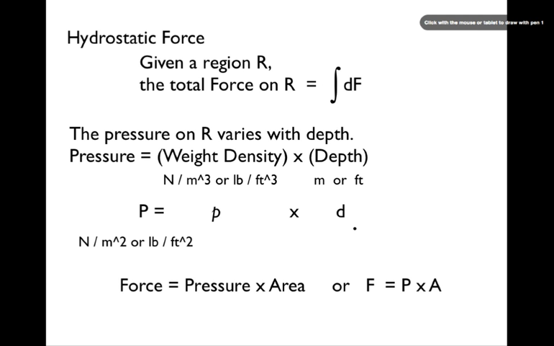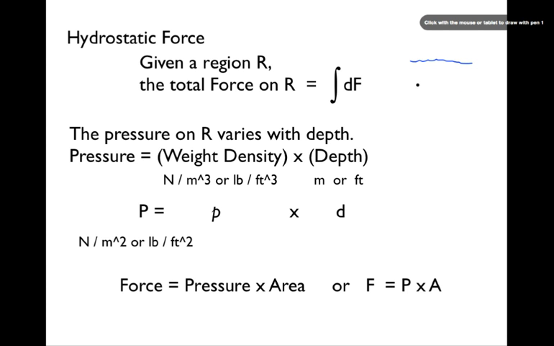Everywhere on that plate is experiencing the same pressure, so you could just use these formulas. If there's any vertical component to the plate at all, then the pressure is going to change with depth, and we need to find a typical amount of force and add them all up, just like we said with integration.